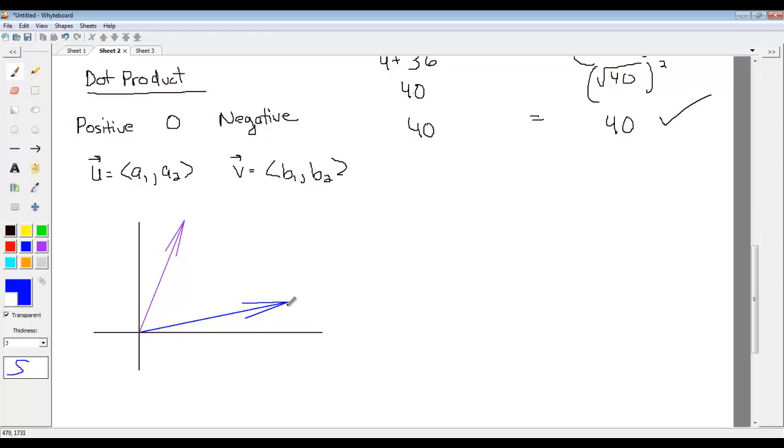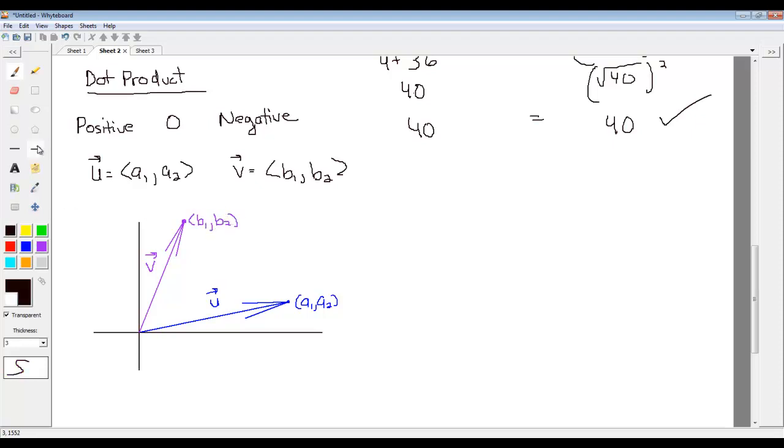So the endpoint for vector u is a1 comma a2, and the endpoint for vector v is b1 comma b2.